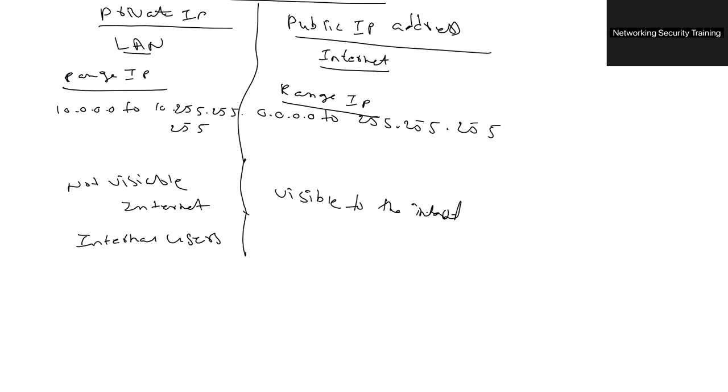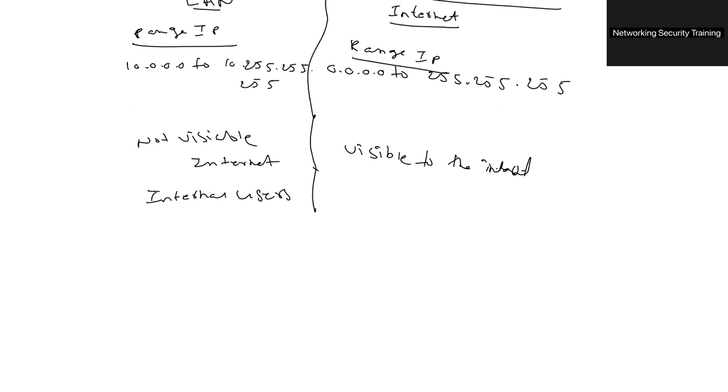For example, 192.168.1.1 and 10.0.0.5 are in the private IP address range.